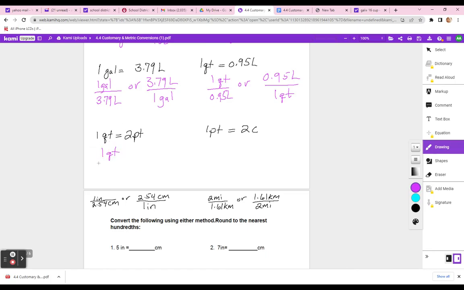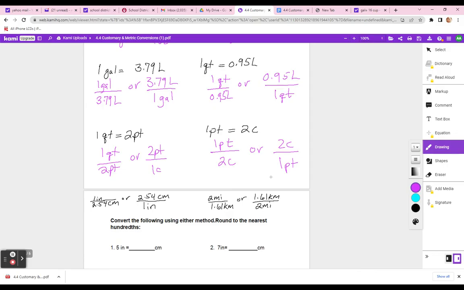One quart is 2 pints, or 2 pints is 1 quart. 1 pint is 2 cups, or 2 cups is 1 pint.